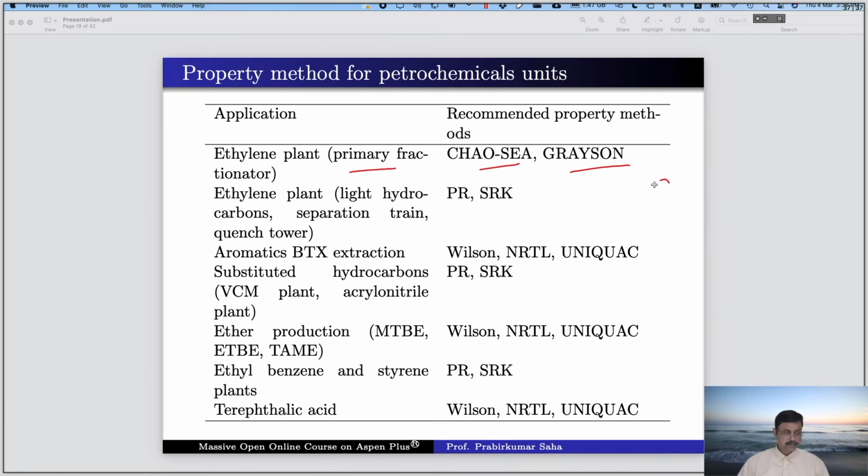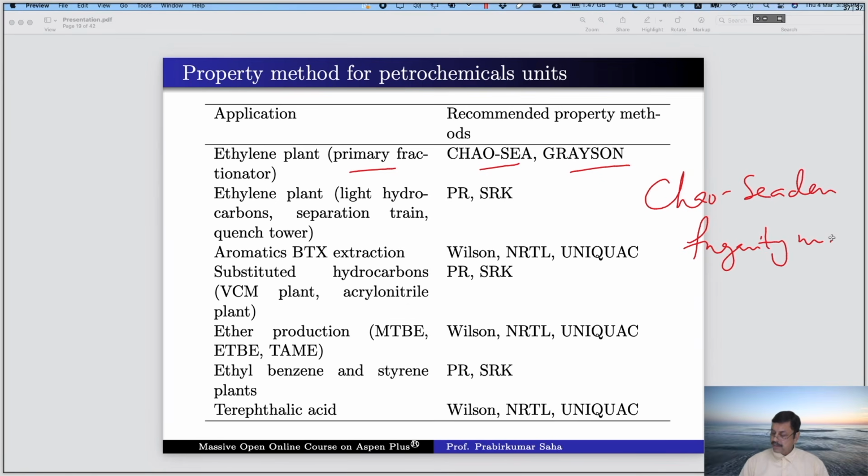CHAO-SEA fugacity model. If we have ethylene plant with light hydrocarbons and separation train, quench tower, then we can use Peng-Robinson or Redlich-Kwong model. For aromatics, benzene toluene xylene extraction, we can use Wilson NRTL UNIFAC model.